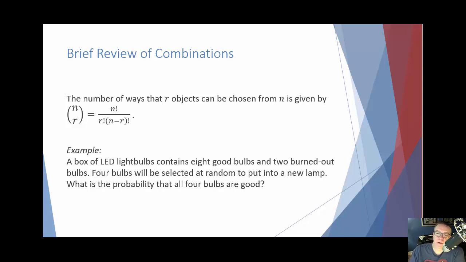So let's look at an example. A box of LED light bulbs contains 8 good bulbs and 2 burned out bulbs. 4 bulbs will be selected at random to put into a new lamp. What is the probability that all 4 bulbs are good? Okay, so let's see. We have 10 bulbs altogether. 8 are good, 2 are burned out, and we're going to be selecting 4 of those.